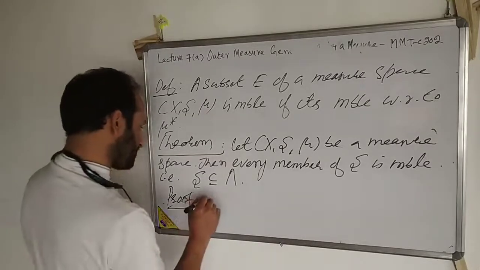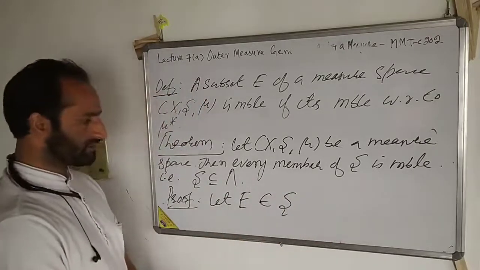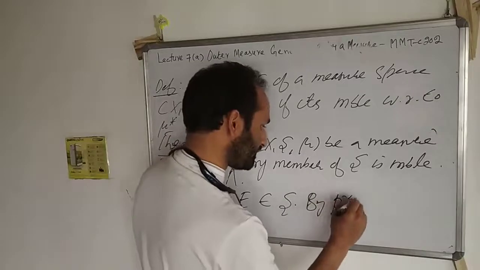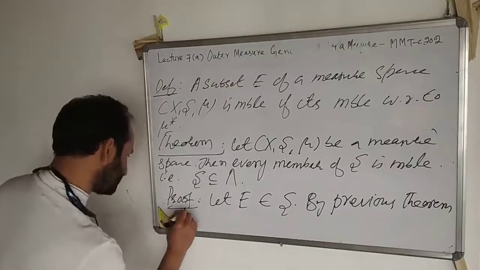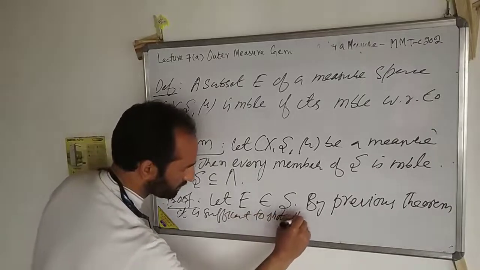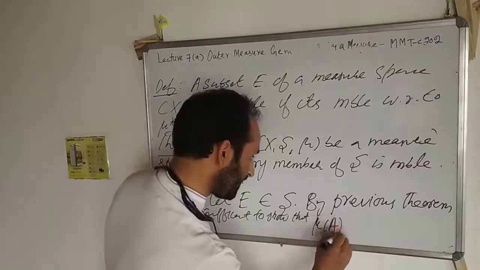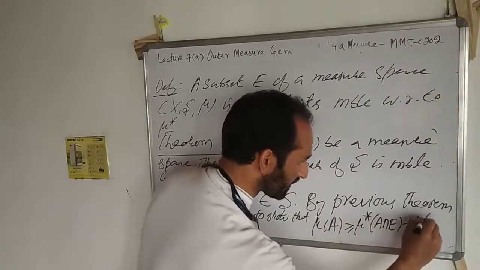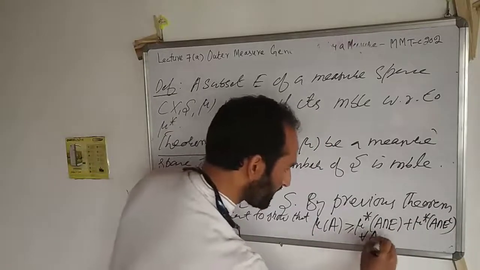So let E be any member of S. We show that E is measurable, and by the previous theorem it is sufficient to show that μ(A) is greater than or equal to μ*(A ∩ E) + μ*(A ∩ E^c) for every member A of S only.